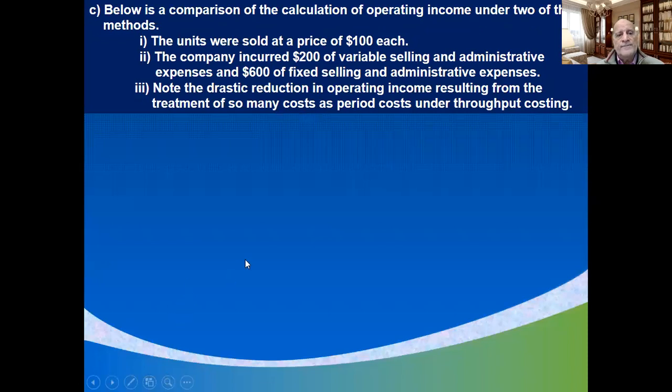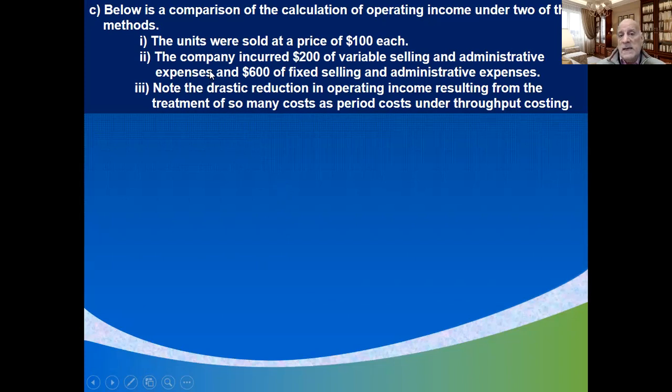Below is a comparison of the calculation of operating income under two of these three methods. We shall apply variable costing and super variable costing.